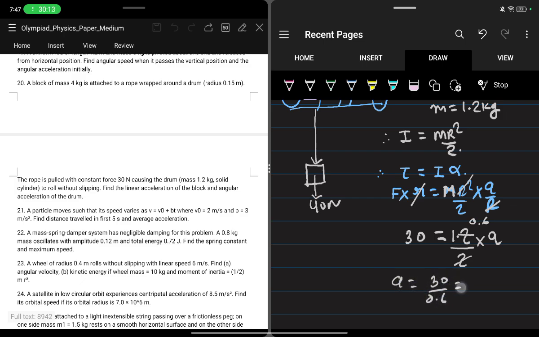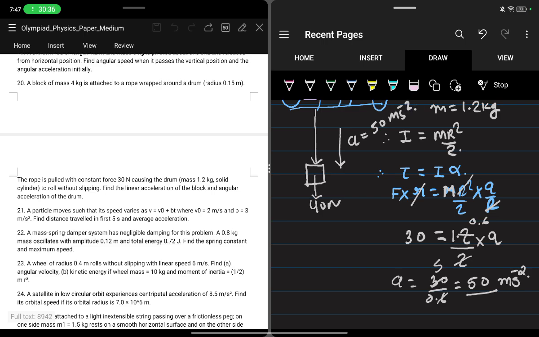That gives us 50 meter per second square. So linear acceleration is 50 meter per second square. So this block will also move with a linear acceleration of 50 meter per second square. Okay, this is the answer.